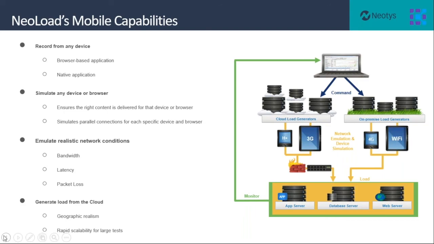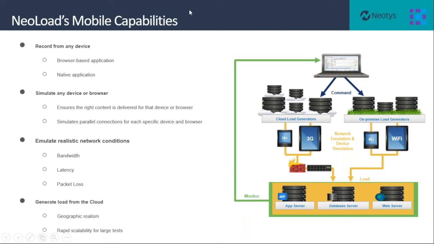Of course, we have added the network emulation embedded in our load emitter. So either you use load from your on-prem network, so it's going to be the on-prem load emitter. Those will have, of course, the network emulations available.